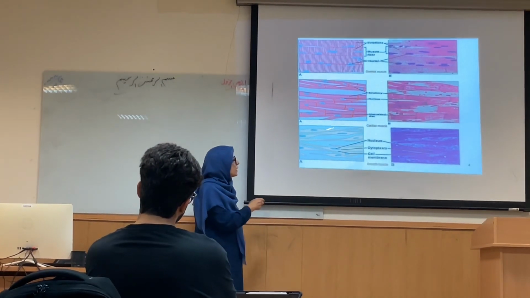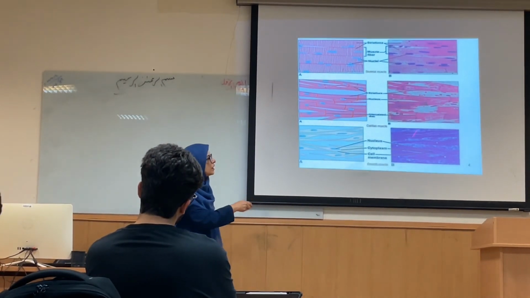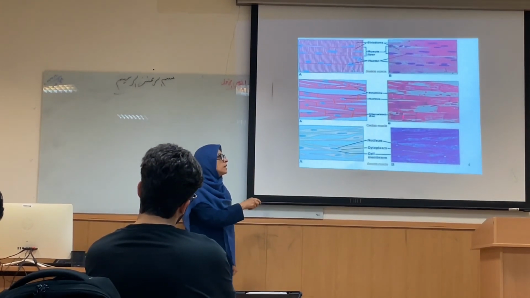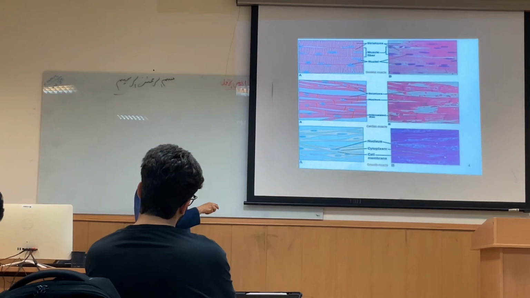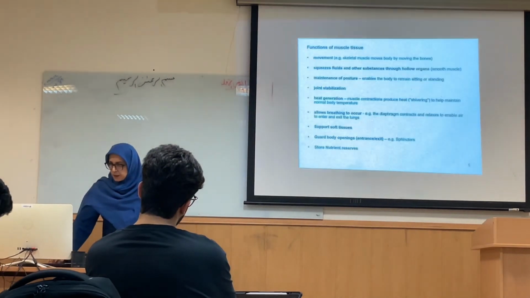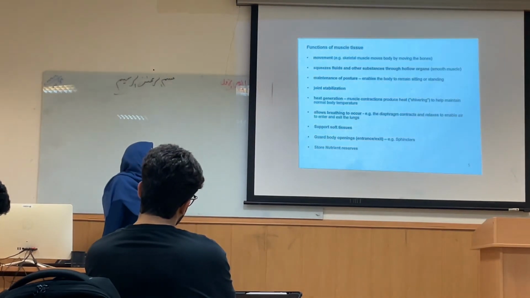But the smooth muscle doesn't have any striation. Here you can see the practical slides: the skeletal muscle with striation and lots of nuclei, the cardiac muscle with branching cells, and the smooth muscle with spindle-shaped cells.